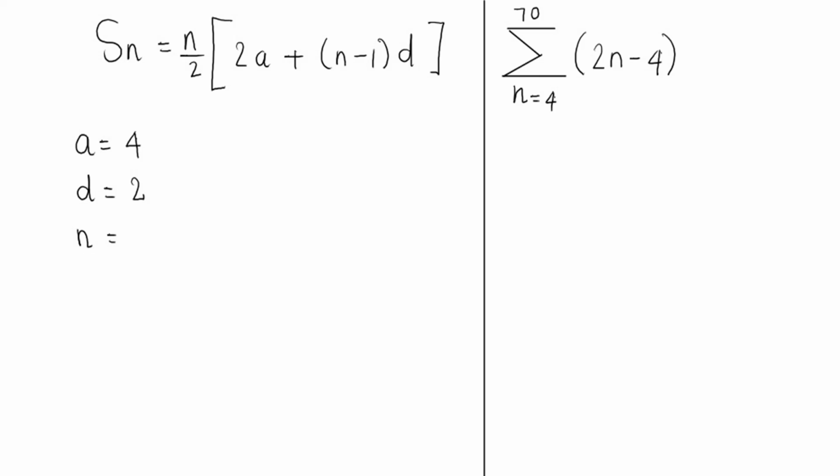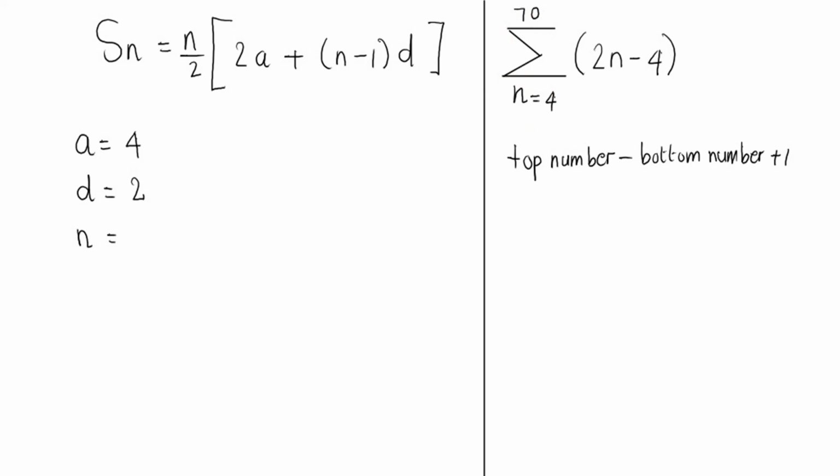To get the number of terms that are in this series, we use the formula: the top number minus the bottom number plus 1, right? So it's the top number, which is 70, minus the bottom number, which is 4, plus 1.